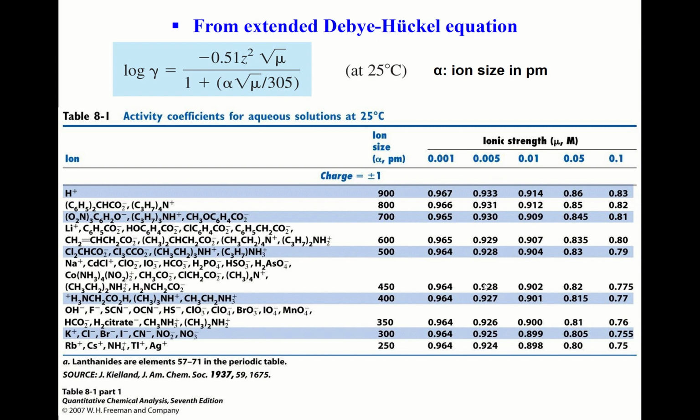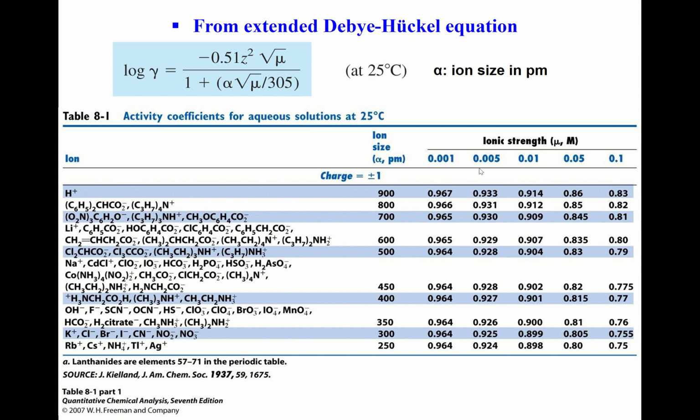You see, from 900 picometers to 50 picometers, at a certain ionic strength, for example at 0.001 molar, the decrease is not very prominent.